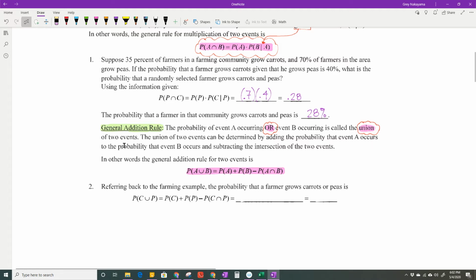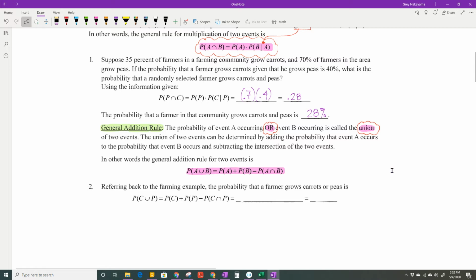Then you have your addition rule, and the addition rule is for two events where there's an or statement. And an or, the probability of event A or B occurring, is called the union of the two events. And you get the union by adding the probability of A and the probability of B, and then subtracting the intersection of the two events, which is what you often get from something like this.